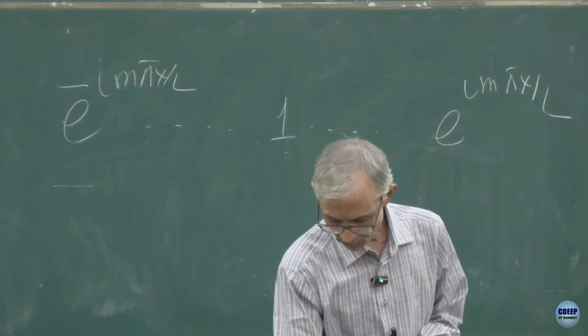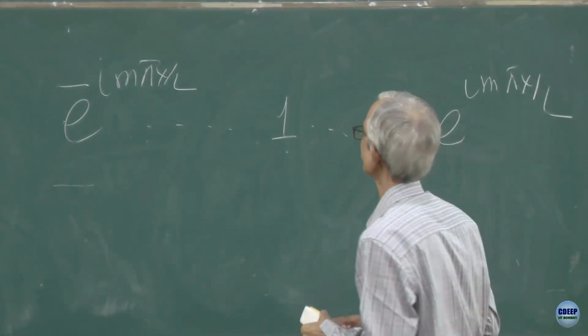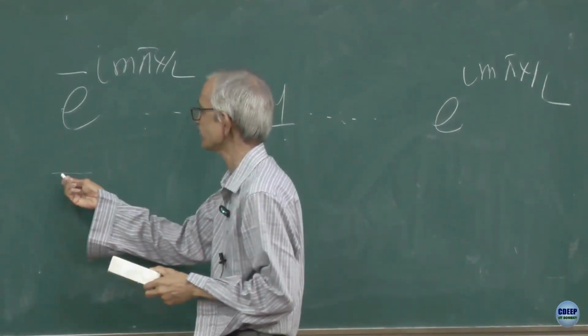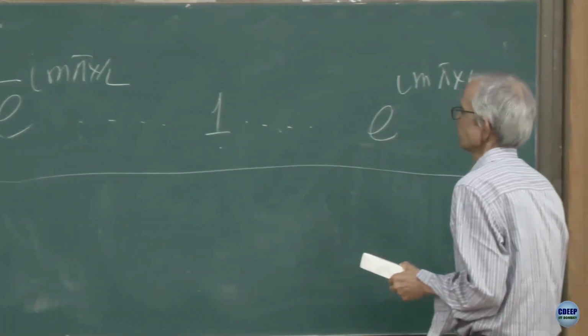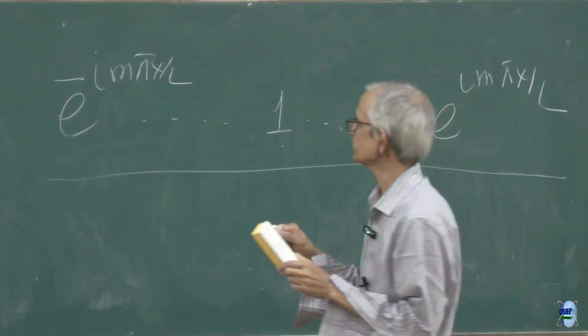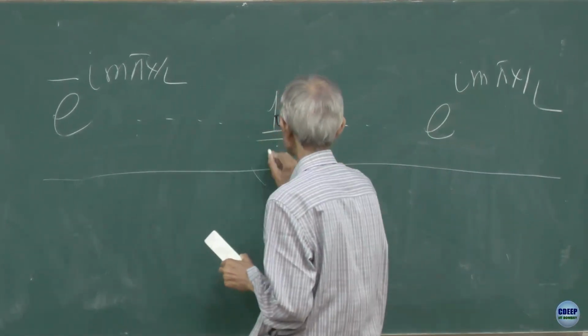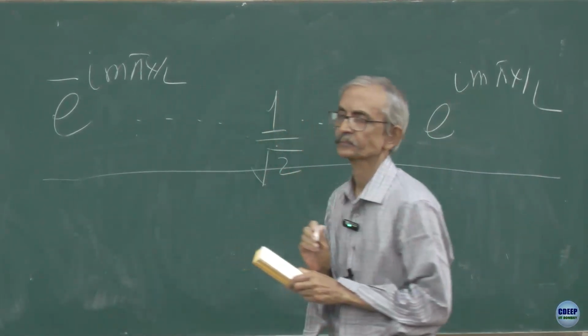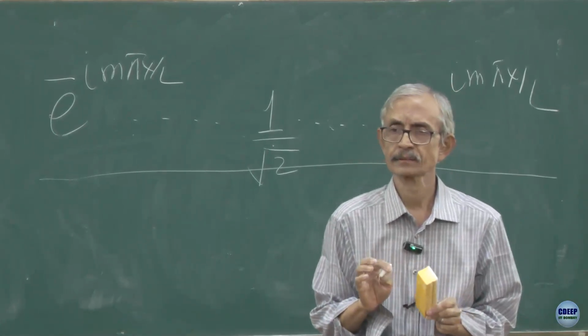These are the functions I'm going to say are the basis functions, just like we had the sines and cosines. When we had sines and cosines, the big difference was this one was 1 by root 2. That was the only difference.